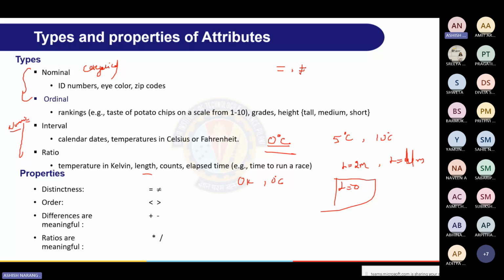Even if you are using the internet right now, search the difference between 0 Kelvin versus 0 degree, because 0 Kelvin is absolute 0. 0 degree Celsius is not absolute 0. That is the difference.